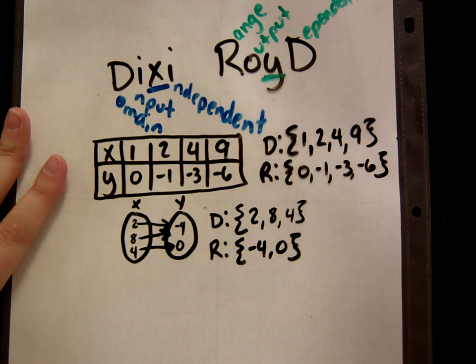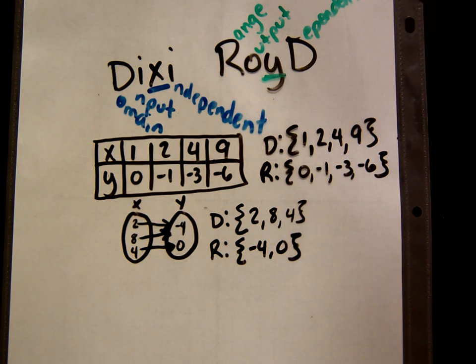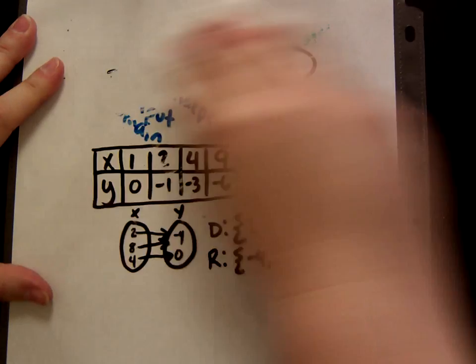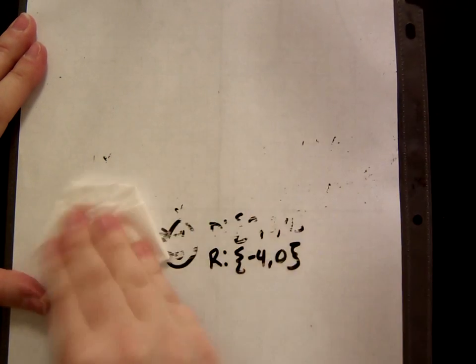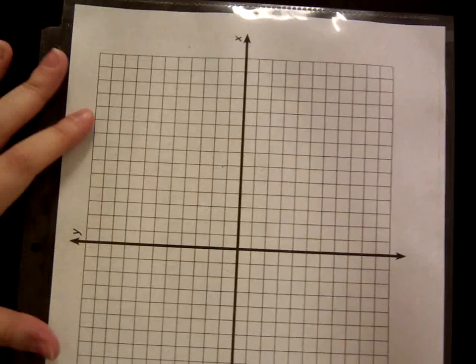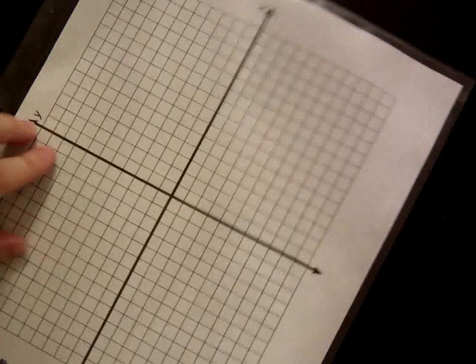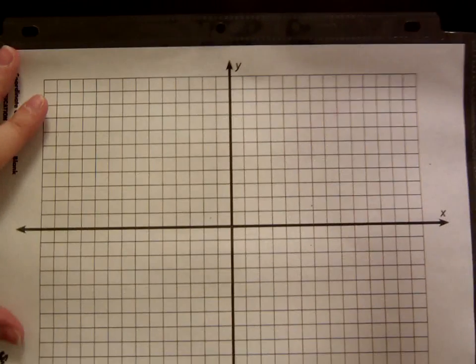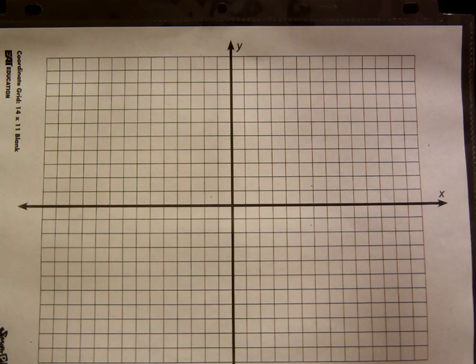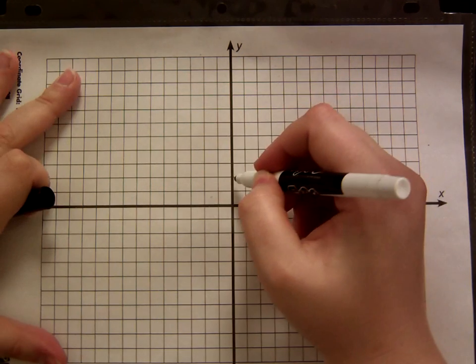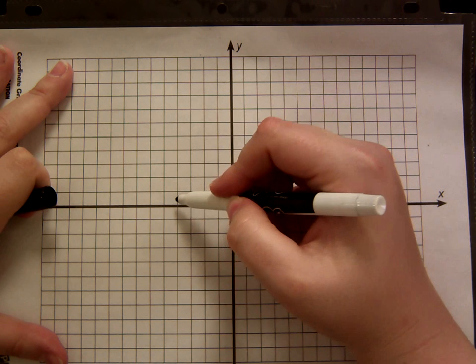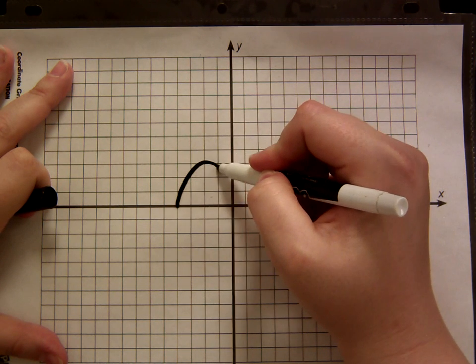Now, if we had a graph, the domain and range are not going to be disconnected points. It's going to be a range of numbers. So let me erase this and I'll show you what I mean. Let's say, turn this to where it's X and Y axis correctly positioned. There we go. Let's say I had a graph of a sine curve like this.